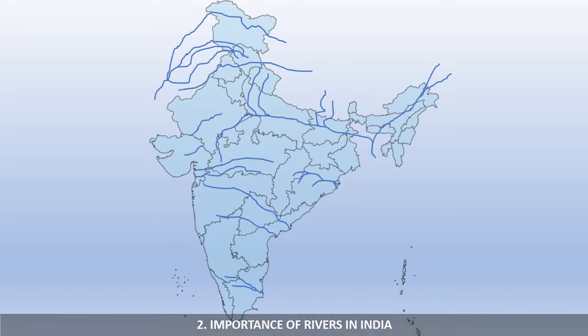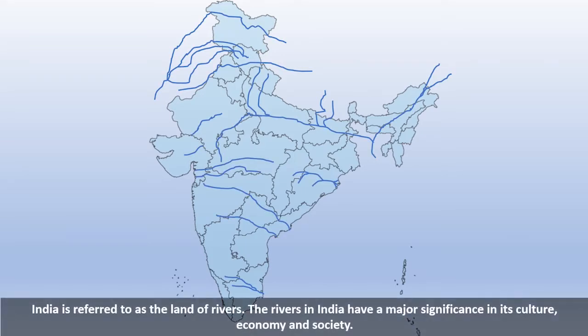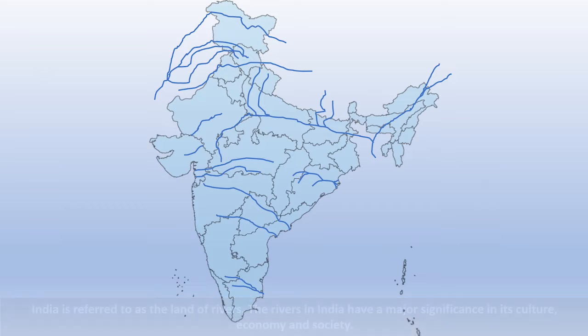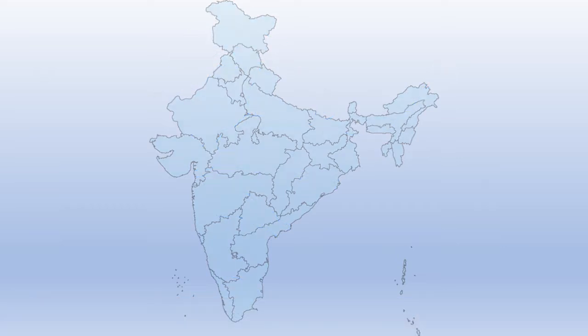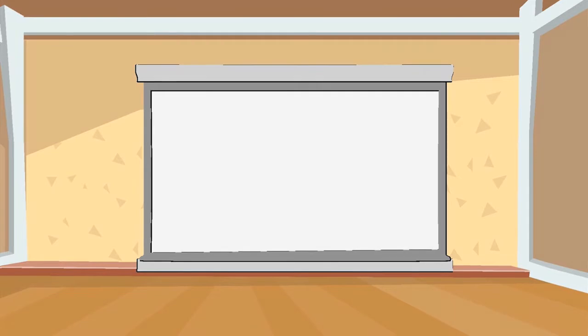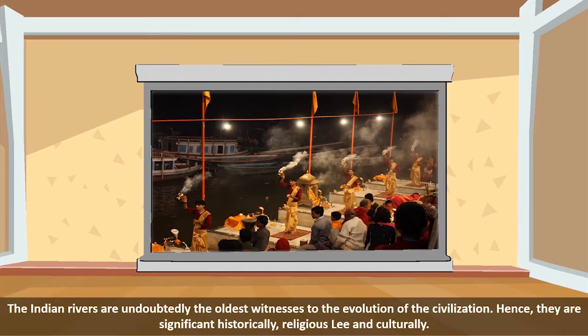Rivers are one of the most significant water bodies in India. Rivers influence our culture, economy, and society. Rivers are the most primitive establishments in our country. There have been several constructions like dams and bridges built on rivers.